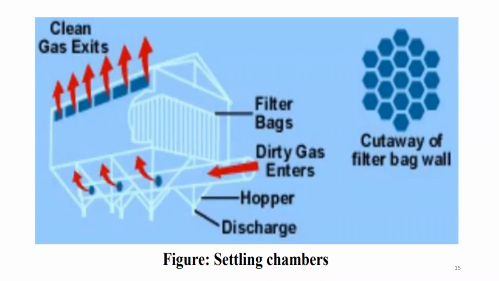Due to gravity, the heavy solid particles are separated out from the solid-gas mixture. So this is the simple settling chamber assembly, where you can easily understand that the solids are separated out from the dirty gases, and then the remaining clean gas exits and can be sent to the atmosphere.